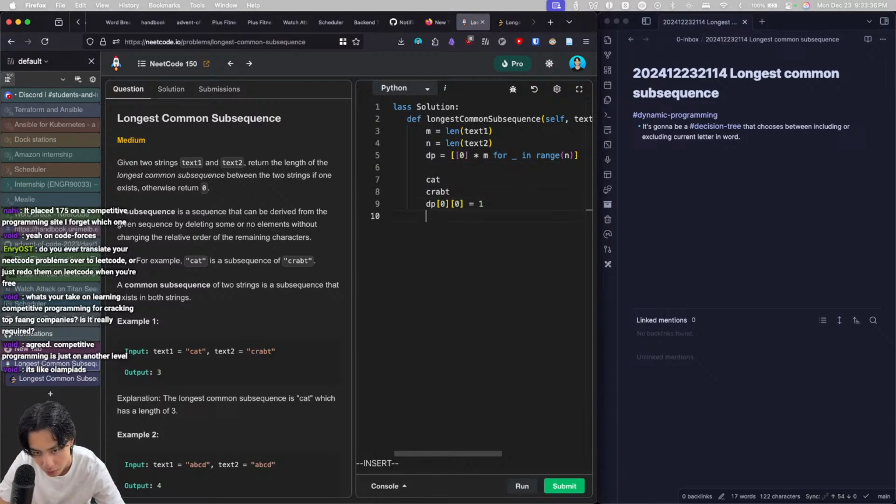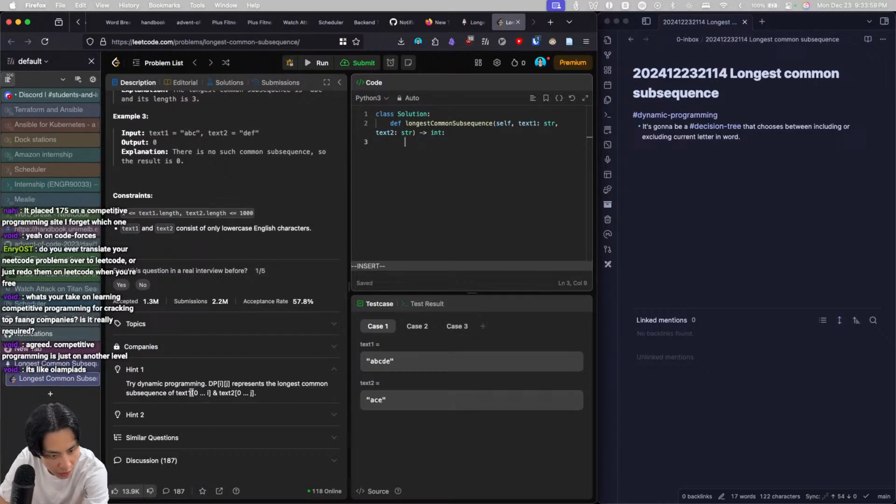Because tell me then, what is 1 and 1? What does that even mean, right? We're saying i is A, j is R? No. Let me look back at this. So it says 0 to i, 0 to j.